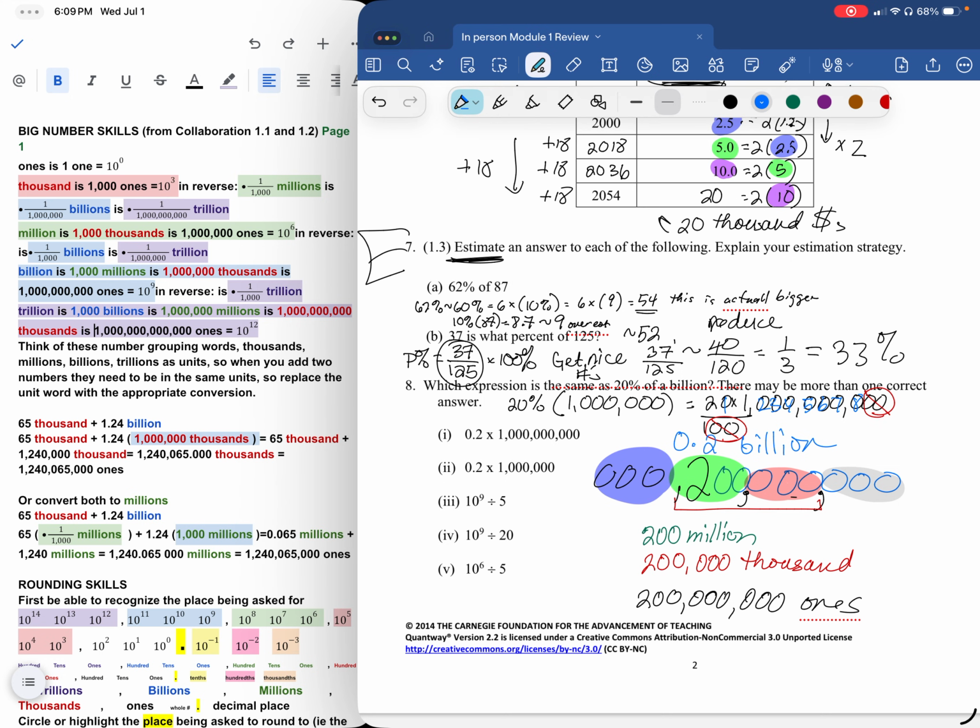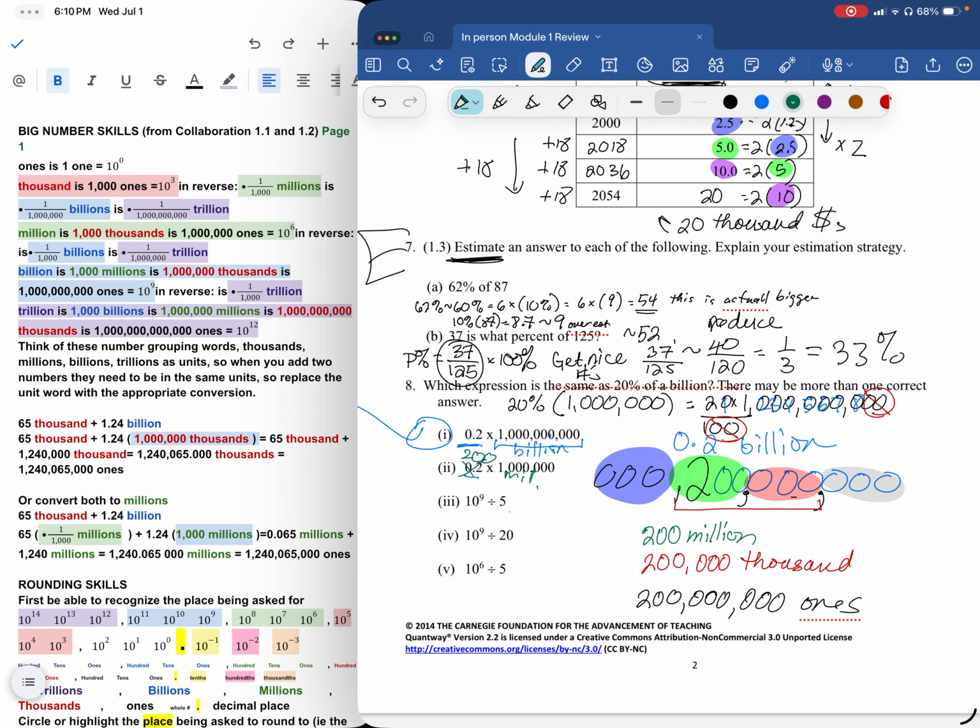All right. So this is a billion. And it's 0.2. So this answer is correct. This is 0.2 times a million. So no, because we have 200 million. This needed to be 200.